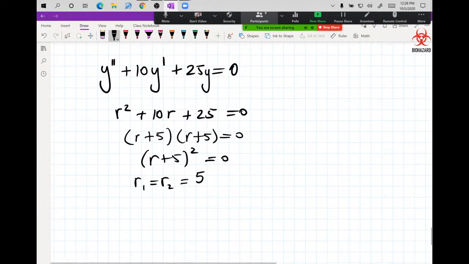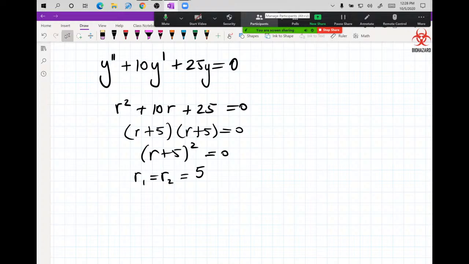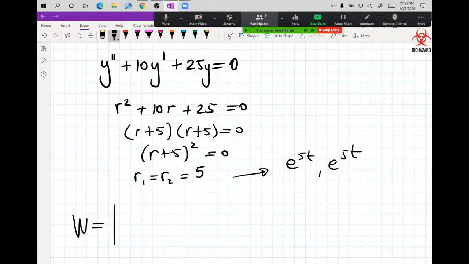So if you check the Wronskian, if you want to come right from here and write e to the -5t and e to the -5t. Professor? Yes. It should be minus 5, right? Oh, yes, thank you. Minus 5. Perfect. So if you use these two, you will see that the Wronskian is going to come out to be 0, and we know that's a bad situation.